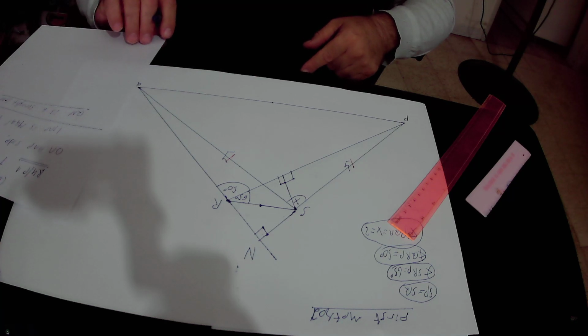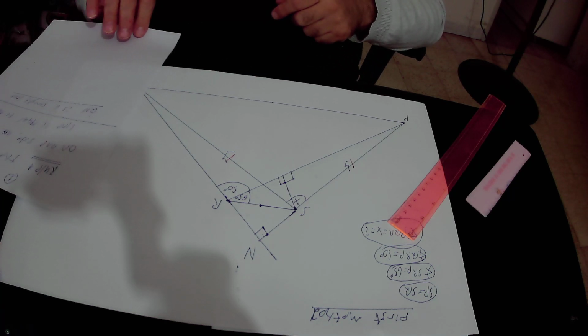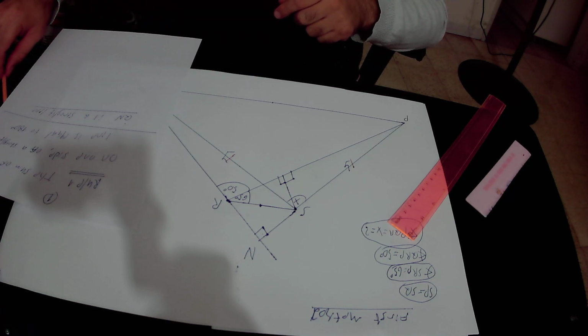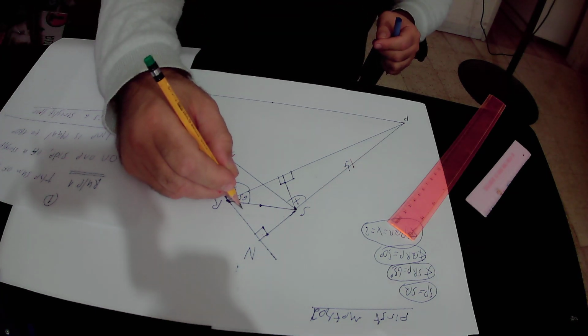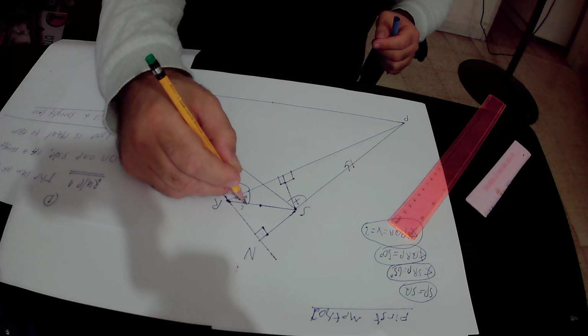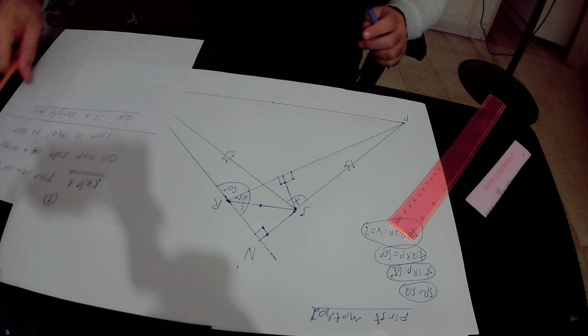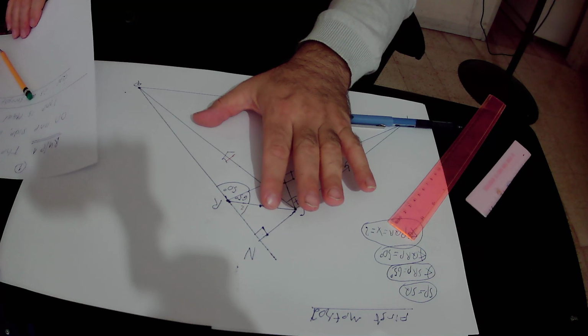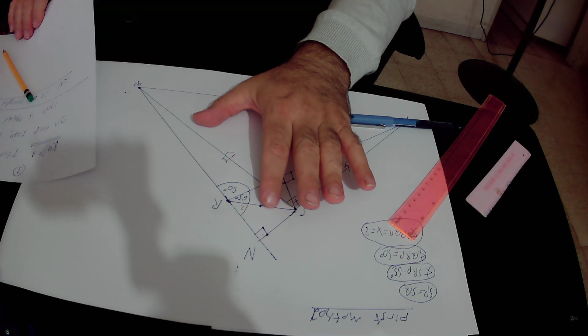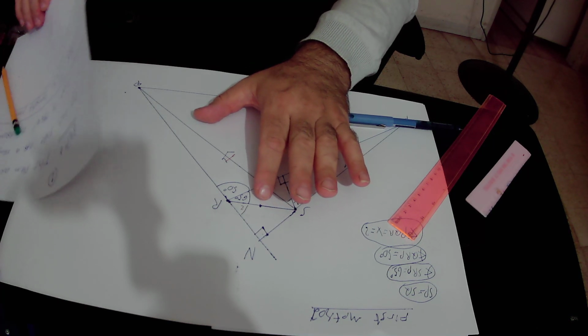So here we will define this angle as angle Z. So the sum of the angles from this side of the straight line NQ equals 180 degrees.